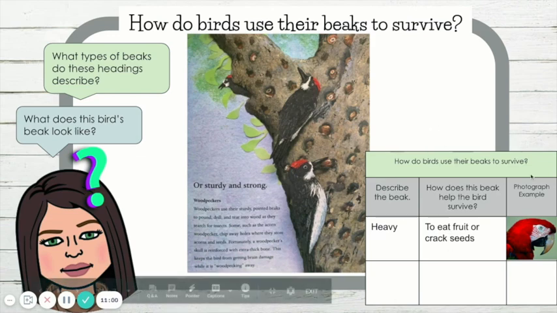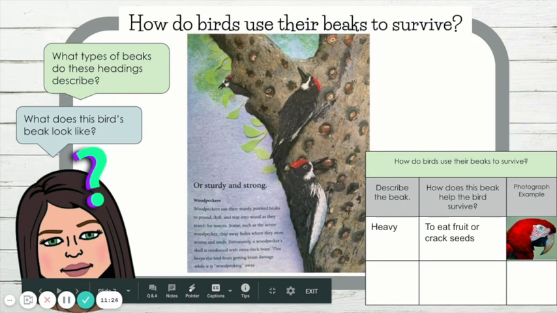You'll notice the chart from week 5 over here in the corner. We started this chart so that we could keep up with how birds use their beaks to survive. The first bird that we added was the red macaw. We decided that we could describe the beak as heavy, and that this bird uses its beak to eat fruit or crack seeds.